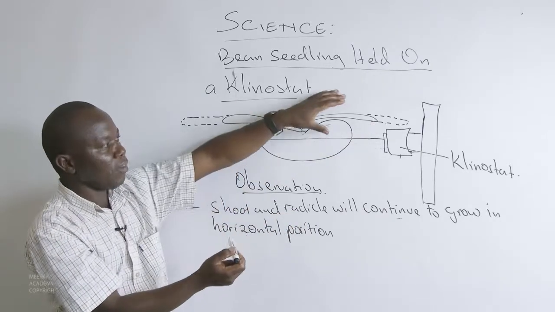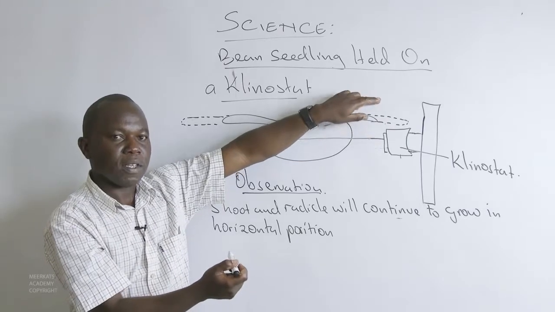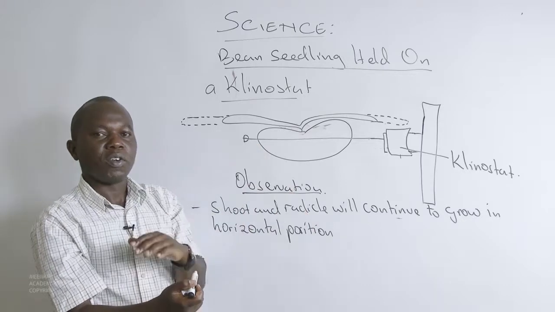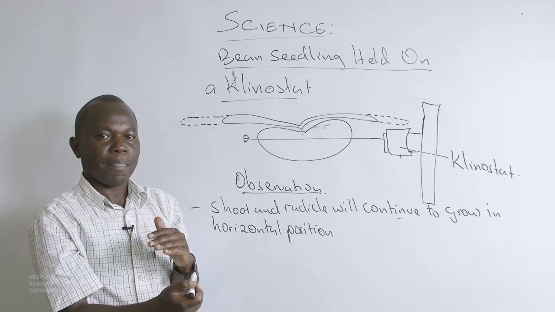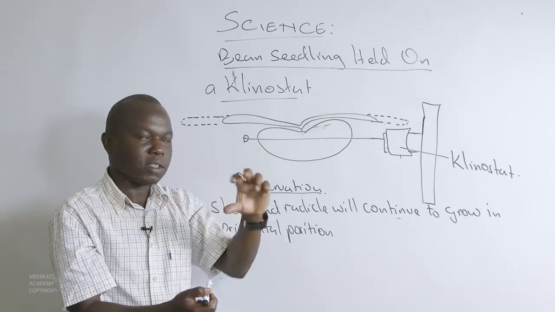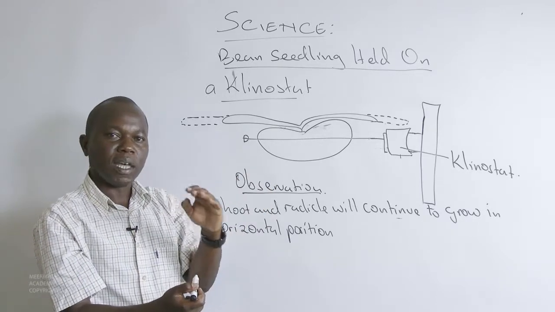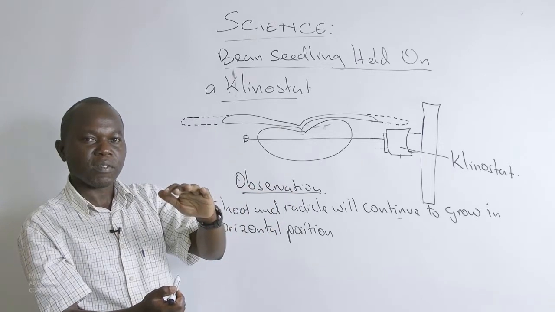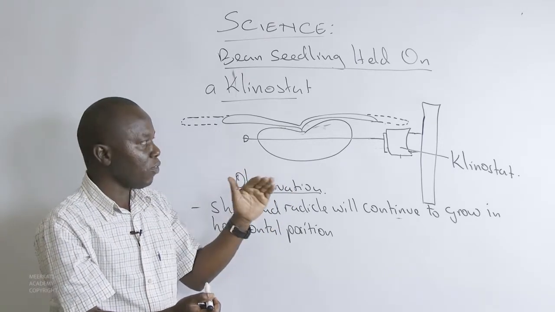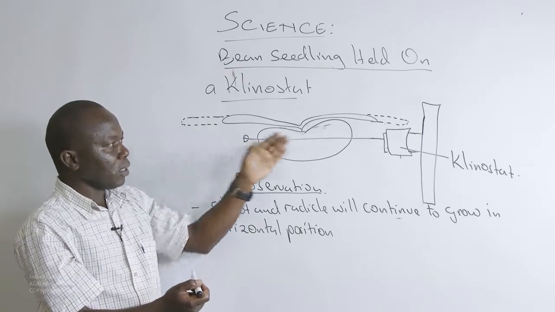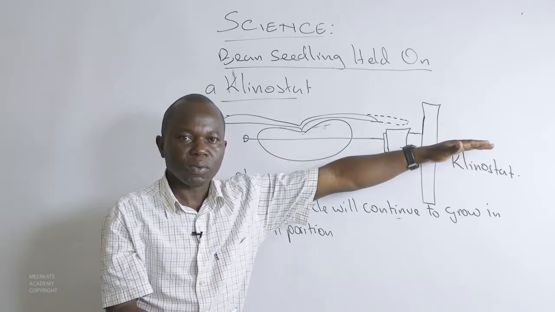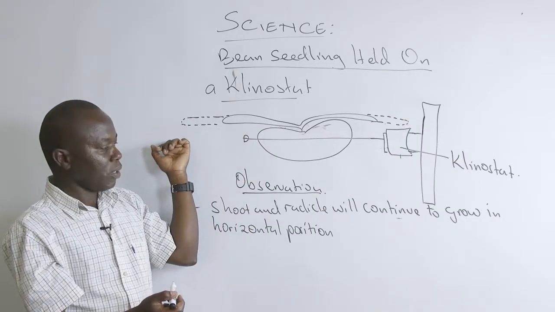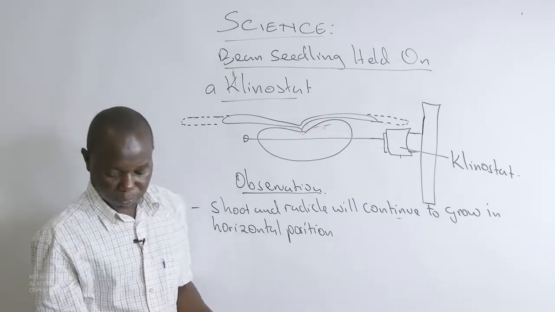So we are not going to have points on the radical or on the shoot where we have a higher concentration of auxin than the other. Because they are evenly distributed, the stimulatory and inhibitory effect will be uniform. So in the process, the radical continues to grow in horizontal position, and the shoot continues to grow in horizontal position.